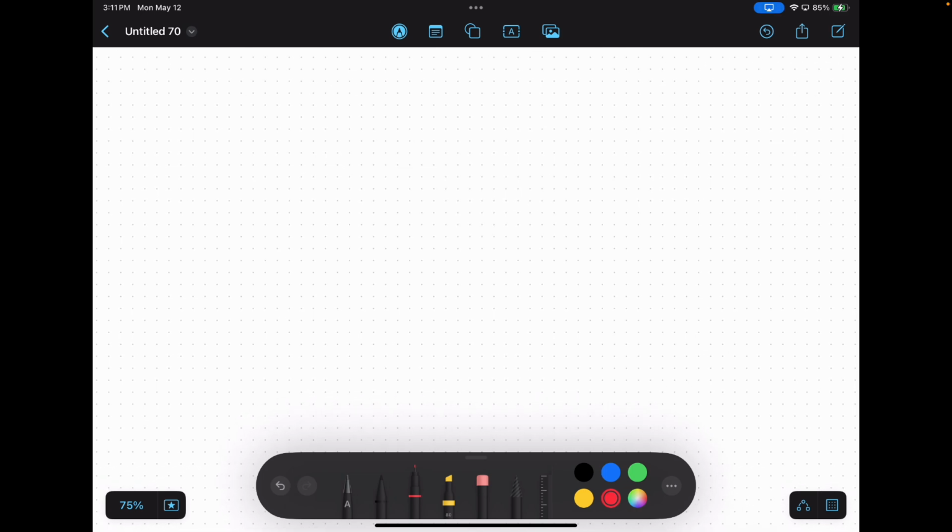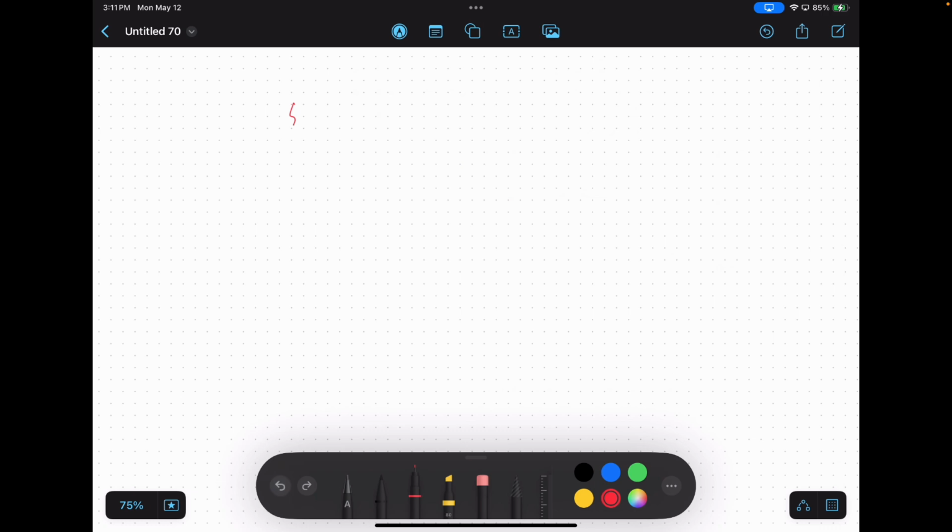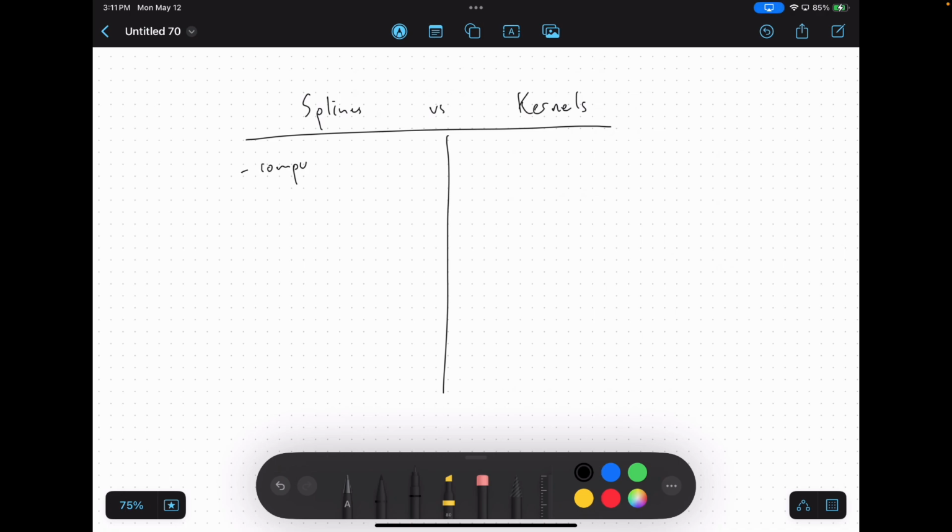All right. So last thing here, we're going to talk about, from a practical perspective, splines versus kernels. So splines have better computational speed. Maybe I'll put a plus. Simplicity, I think, is a little bit easier, right? We could just apply the spline to the variable.